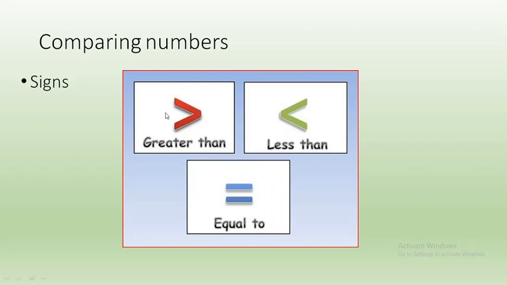That's why this sign is greater than, we also call it bigger than, and this one smaller than or less than, because this number here is small, which means that this number that has to be here is also small.